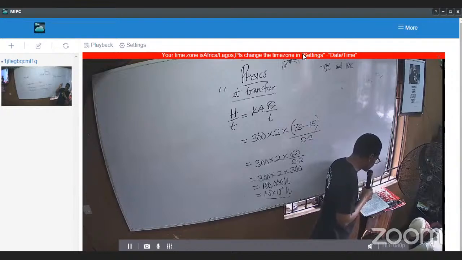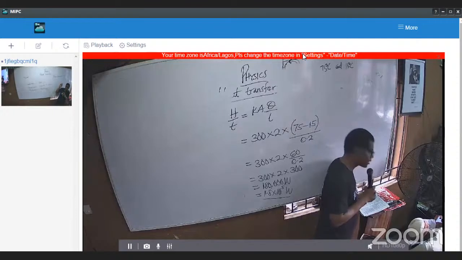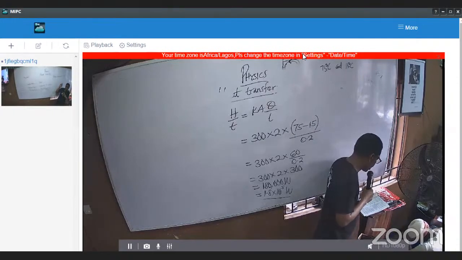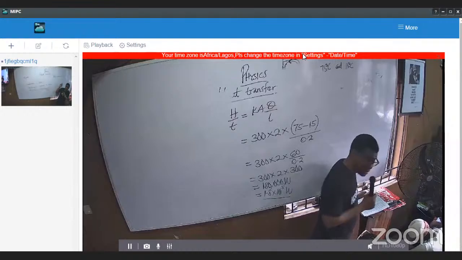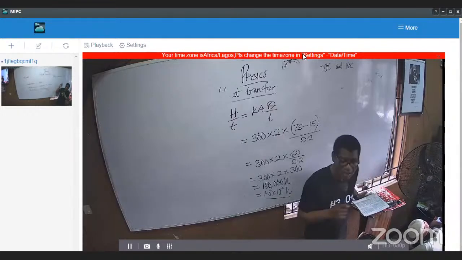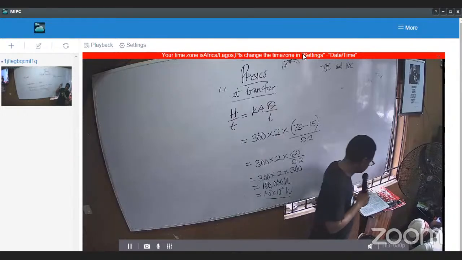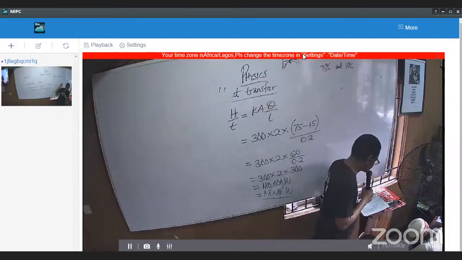Option D: poor absorber but good emitter of radiation.